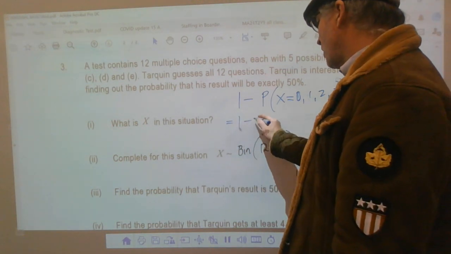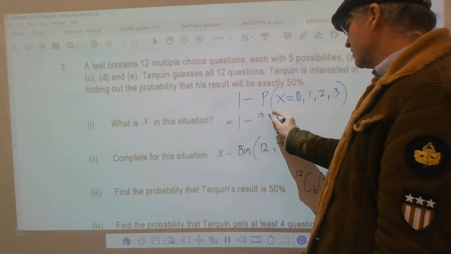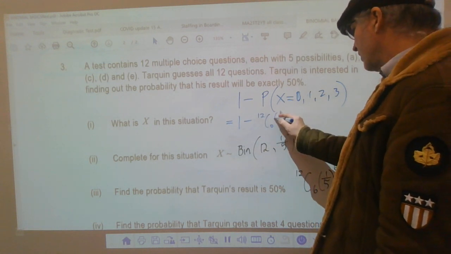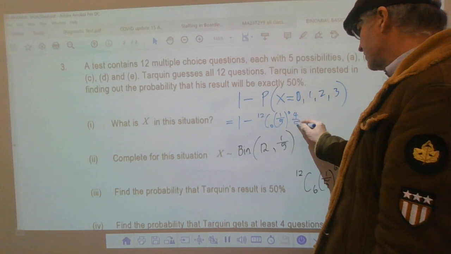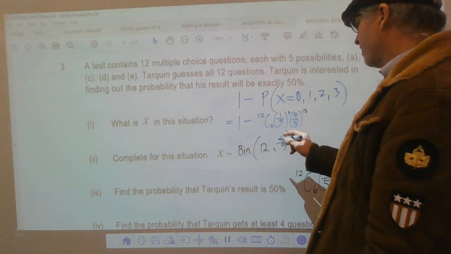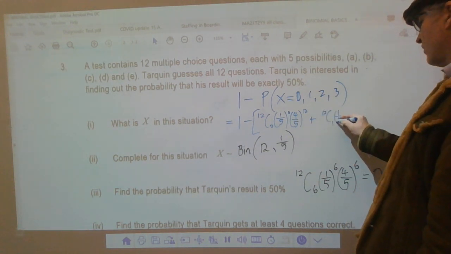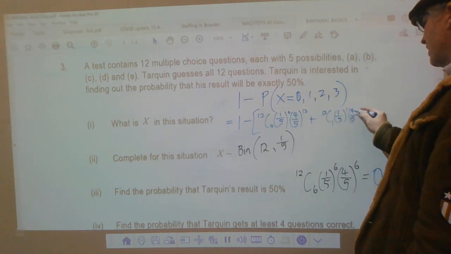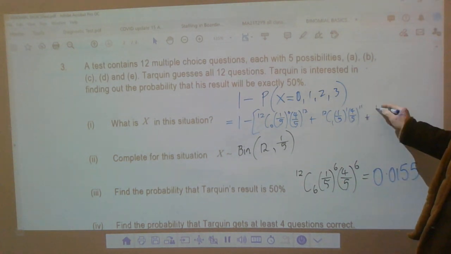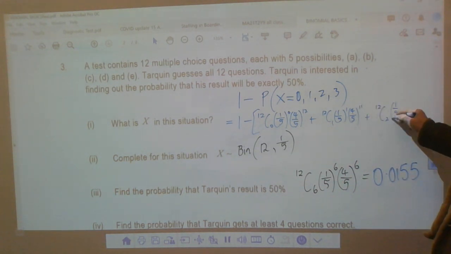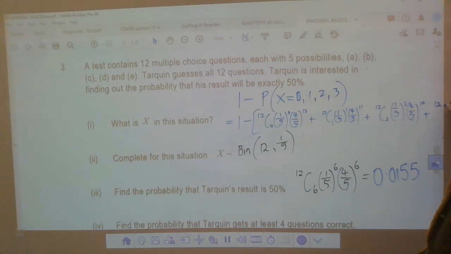So it's 1 minus 12C0, 1/5 to the 0, 4/5 to the 12, and 12C1, 1/5 to the 1, and 4/5 to the 11, and 12C2, 1/5 to the 2, and 4/5 to the 10, and 12C3, 1/5 to the 3, and 4/5 to the 9.